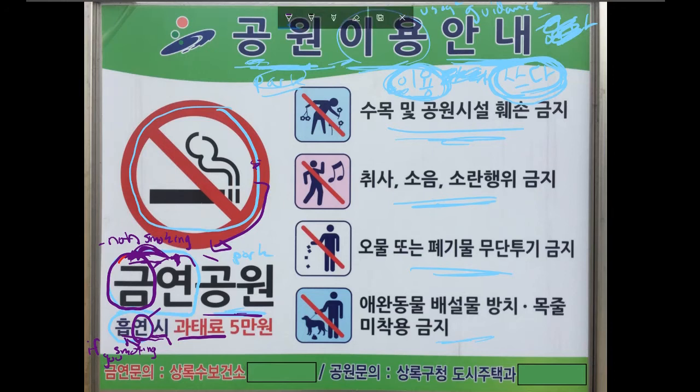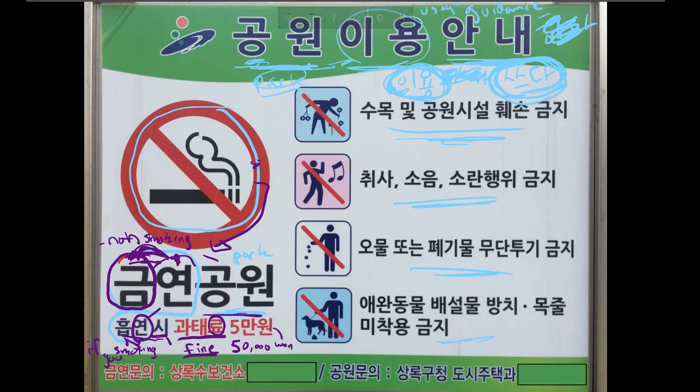This ryo always refers to money, and this word here, kwateryo, is referred to as a fine. So if you're caught smoking, or if you smoke in the park, there will be a fine. And how much will the fine be? It will be 5, and man is a Korean number that means 10,000. So it's 5 10,000s, or in other words, 50,000 won.